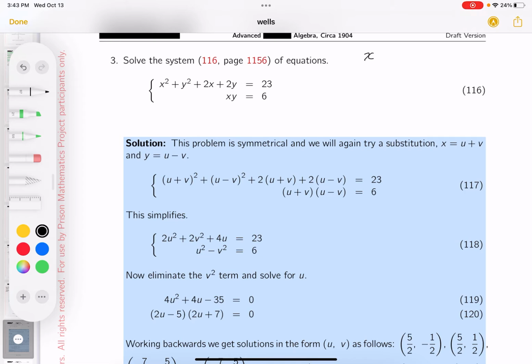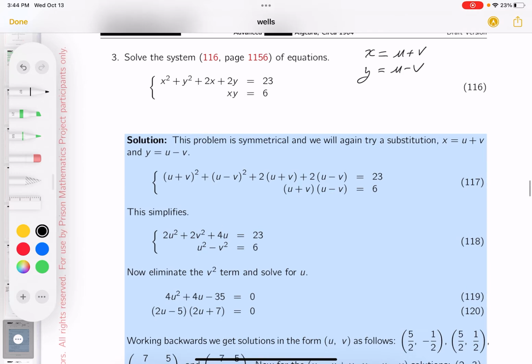So x equals u plus v, and y is equal to u minus v. We just tried that before, right? If you add that together, x plus y is 2u. I don't see any x plus y in the problem, but maybe a little bit. Let's just put this down.